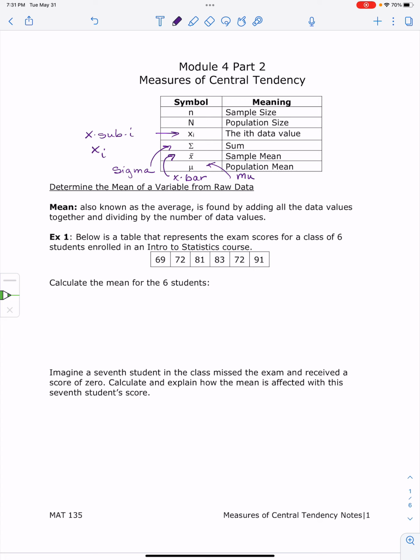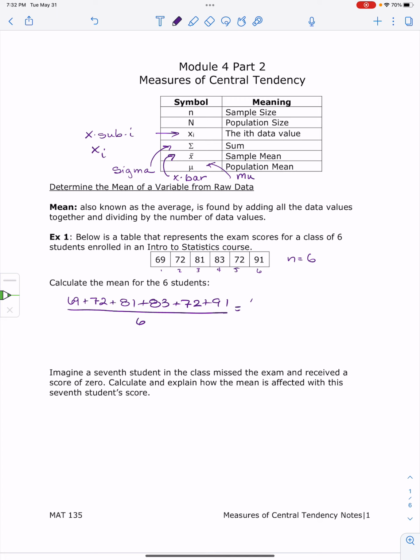So here, I have got 1, 2, 3, 4, 5, 6. My sample size is 6, so that little n equals 6. To calculate the mean, we are going to add up all 6 data items, and then we're going to divide by 6.